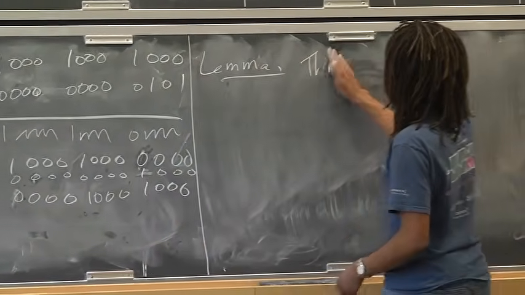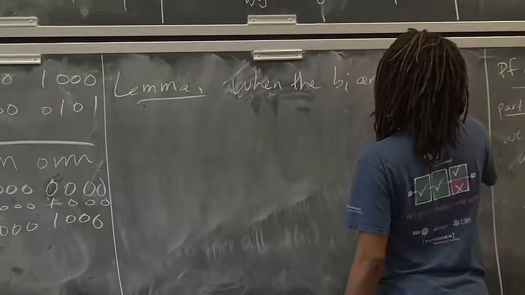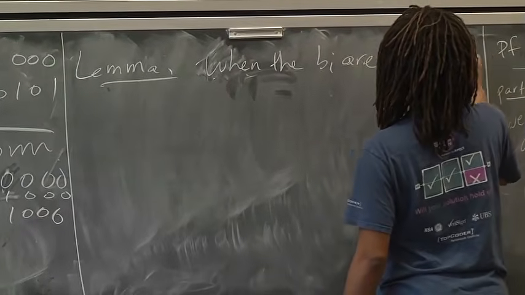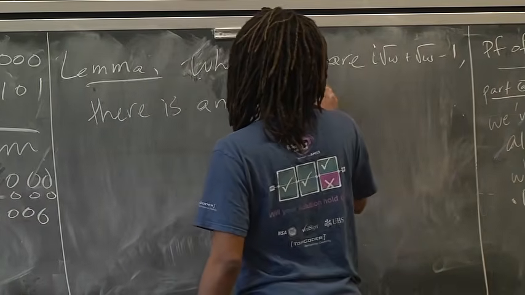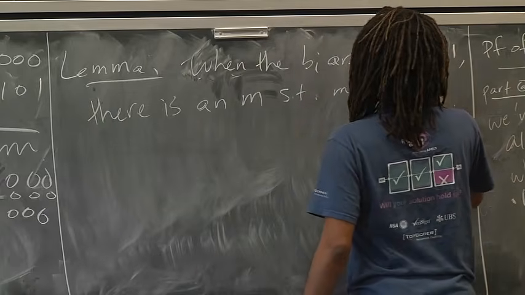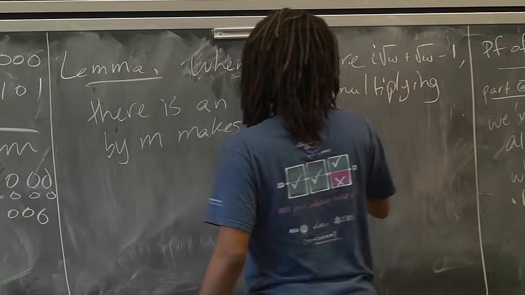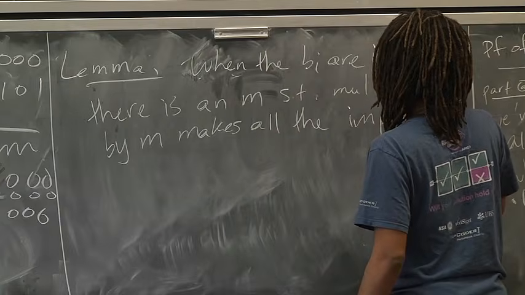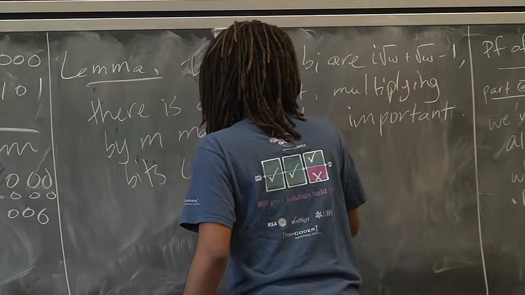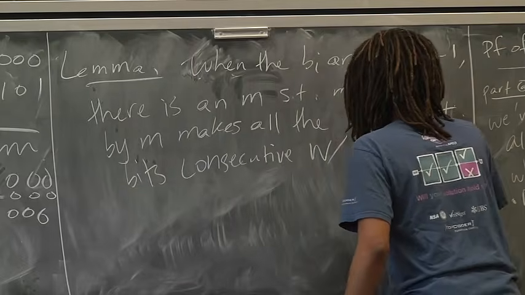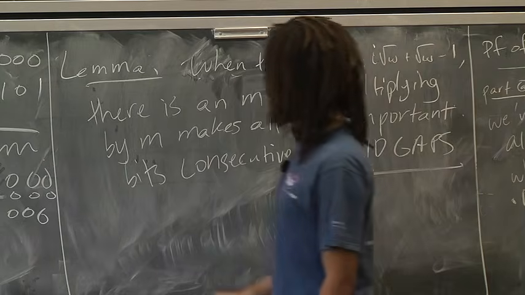Okay, so when the BI are I root W plus root W minus 1, there is an M such that multiplying by M makes all the important bits consecutive with no gaps. Okay. Proof, I think that will end up being on your homework.